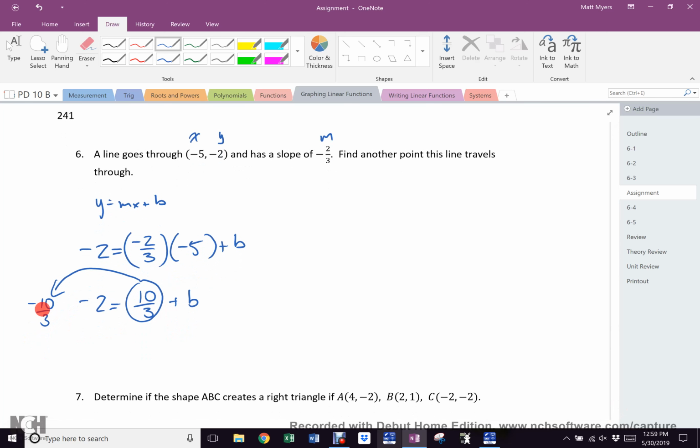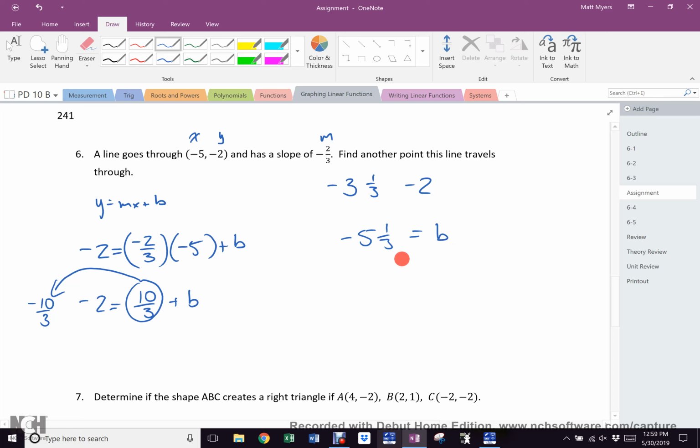Still, negative 10/3 is negative 3 1/3, correct? And I already had negative 2, correct? Well, what's negative 2 minus 3 1/3? No. Negative 5 1/3. Negative 2 minus 3 would be negative 5. There's still another third there. That equals B.